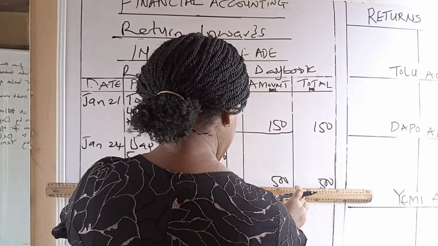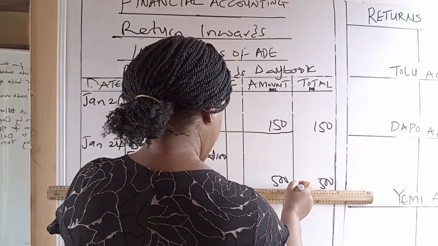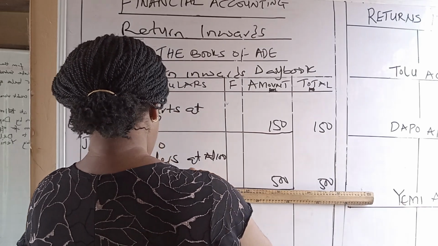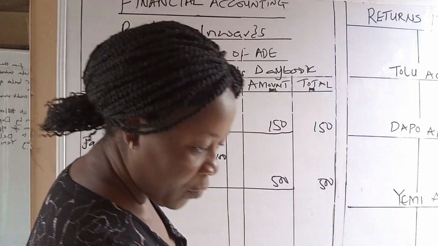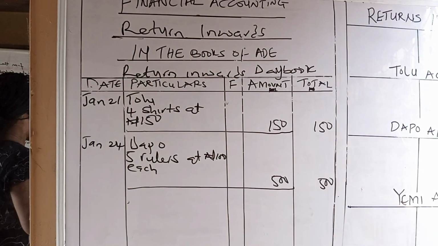We separate Dapo's transaction from Tolu's transaction by drawing a line under it.